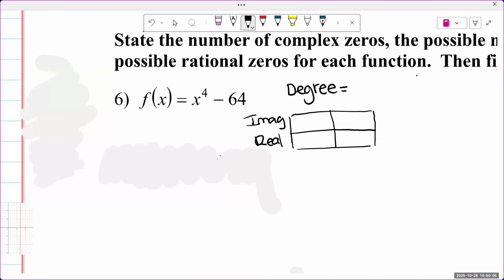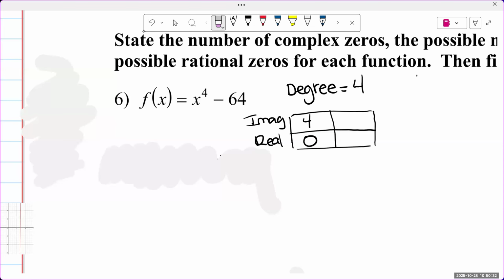So here we go. Degree 4. That means I'm expecting 4 zeros. Now, if all 4 are imaginary, then that leaves none left to be real. The imaginary zeros have to come in pairs. Otherwise, do you see an i in our polynomial?